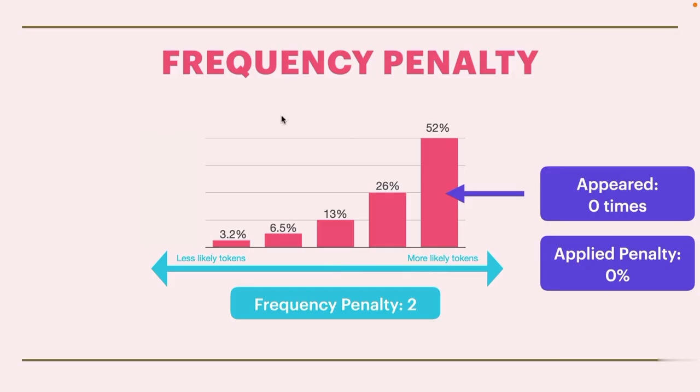Suppose that you set the frequency penalty to 2, the maximum number allowed. Now, let's suppose that we've got only 5 tokens for simplicity, and this is the most probable token, which has got a probability of 52% of being sampled. Now, if this token has appeared 0 times so far in the prompt response, then the applied penalty is going to be 0%.